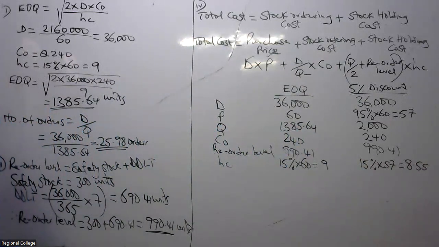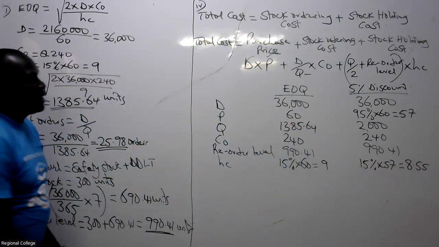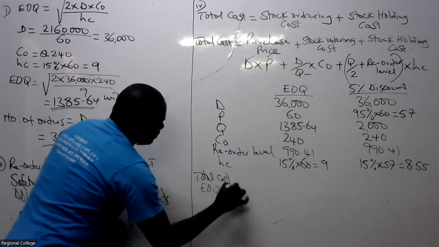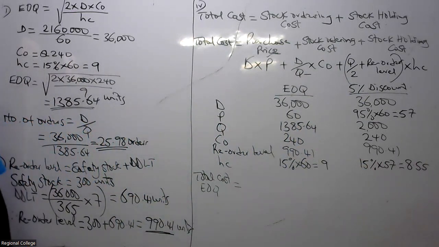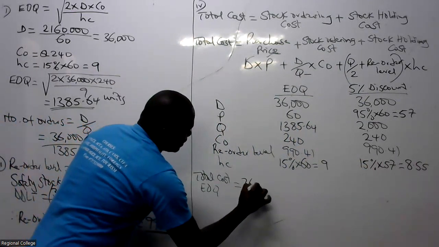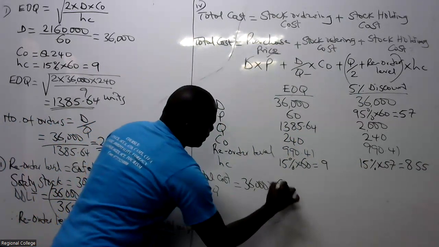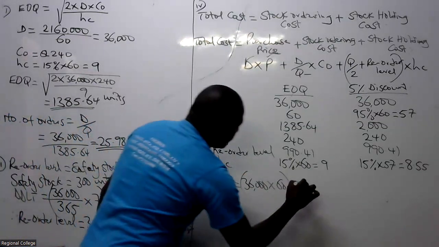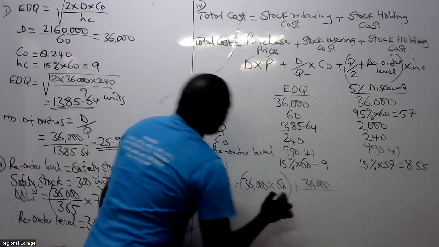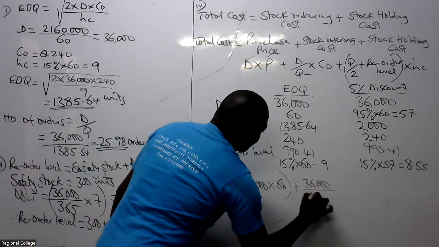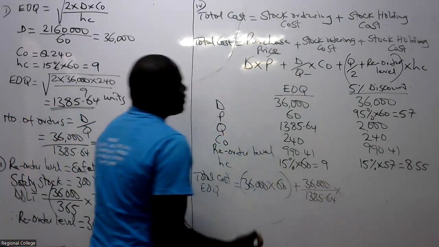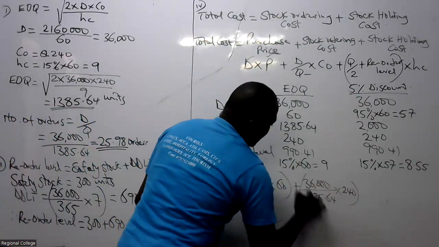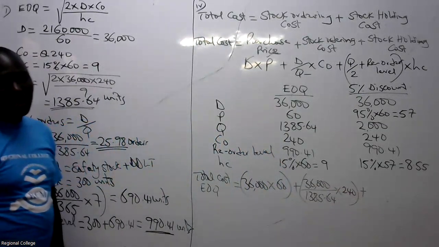So can you get the total cost? Total cost under EOQ. Our demand is 36,000. The purchase price is 60. Plus D over Q, 36,000 divided by 1385.64. Cost per order is how much? 240. Right?